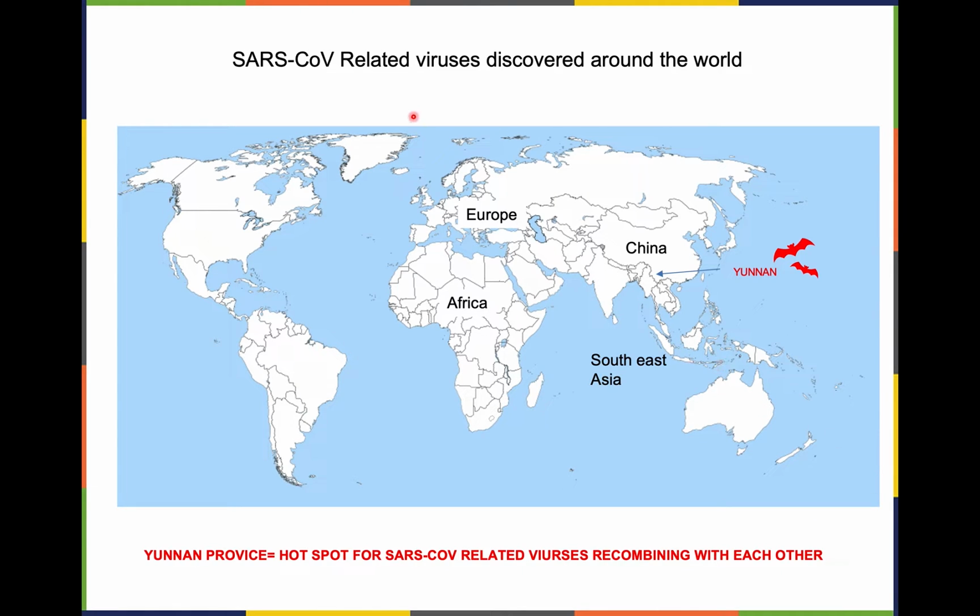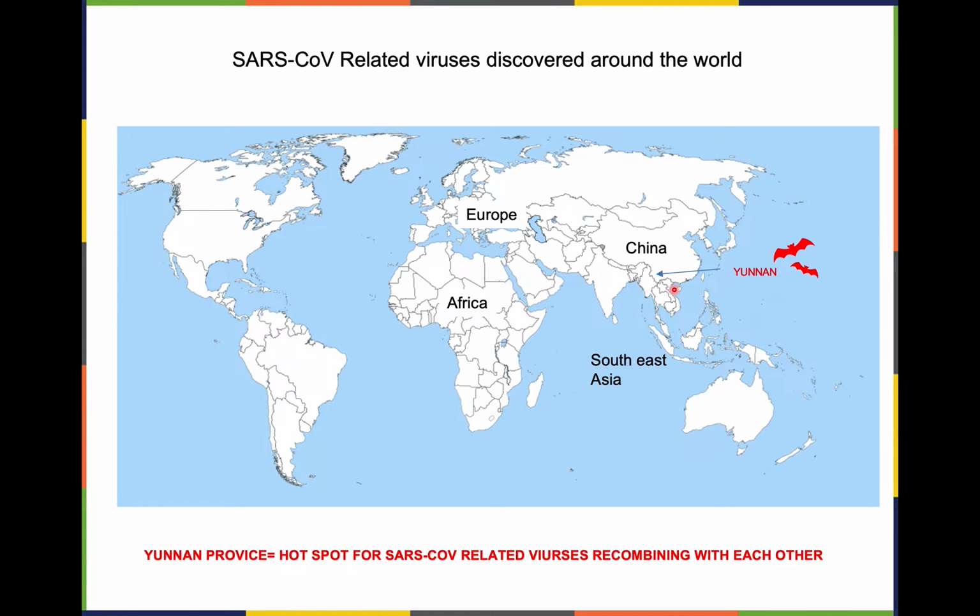So it is known SARS-related coronaviruses, so viruses that are coronaviruses and are very closely related to the one that caused the pandemic in sequence, are found in wild animals in Europe, Africa, China, and Southeast Asia.